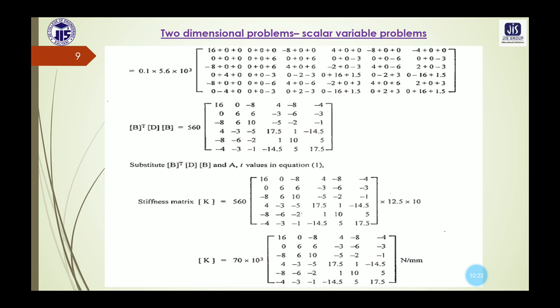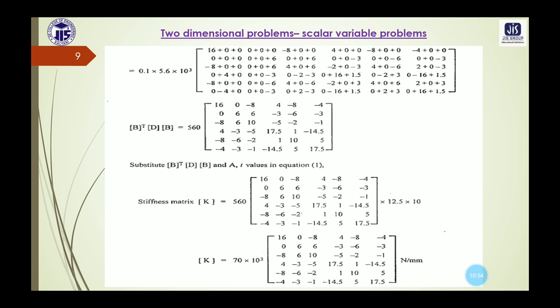Now to calculate the final value of the stiffness matrix, we need to put all the values that we have calculated till now. The first part, 560 into 6 by 6 matrix, is the multiplication of B transpose, D and B. Then we need to put the value of area, which we have calculated as 12.5 millimeter square, and finally the thickness, T, which is given in the numerical as 10 millimeter.